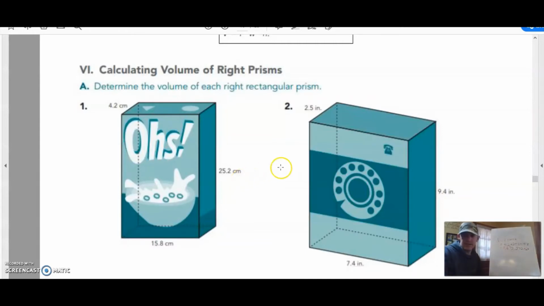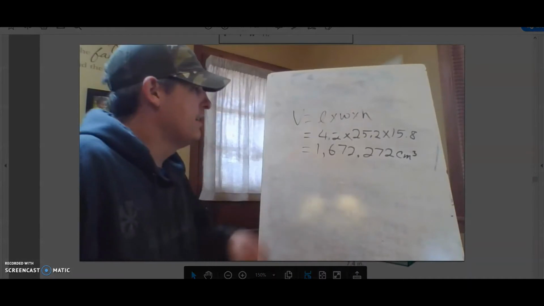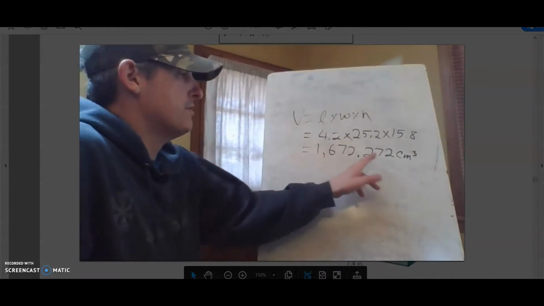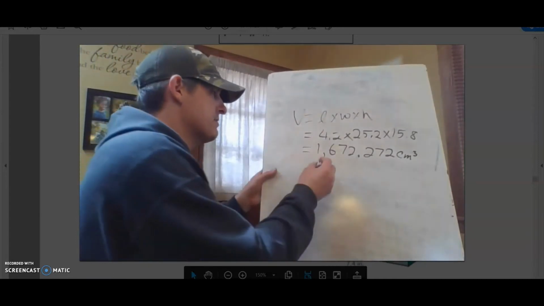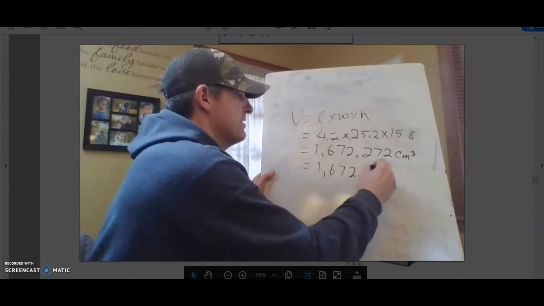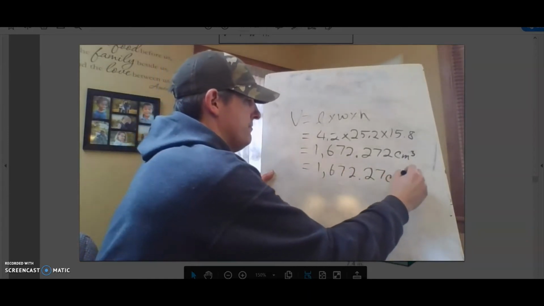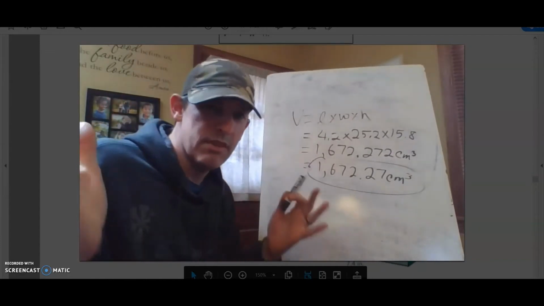And our label, since it's centimeters times centimeters times centimeters, is going to be centimeters cubed. So our answer is 1,672.272 centimeters cubed. They didn't tell us what to round to. Sometimes it's standard to round to the nearest hundredth, which would be 1,672.27 centimeters cubed. But either would be fine.